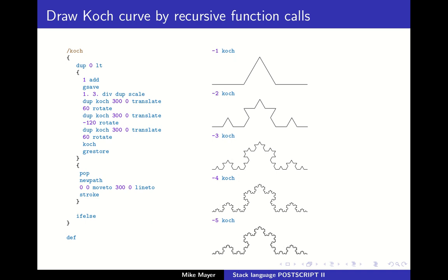So this example is here. This is the definition of the Koch curve. We see here, yeah, there's a new word introduced, /Koch, and here's the corresponding define statement.